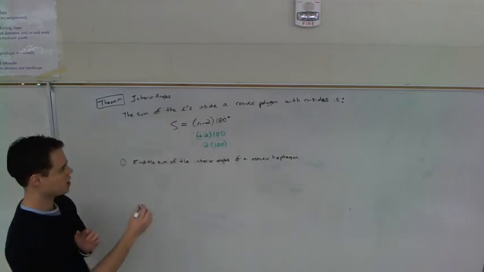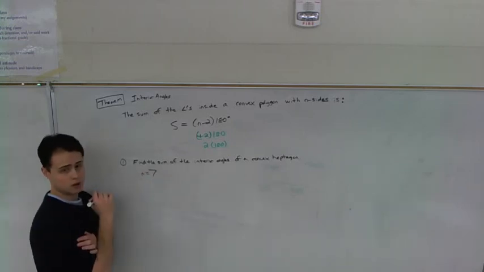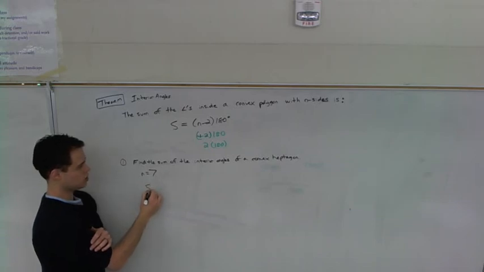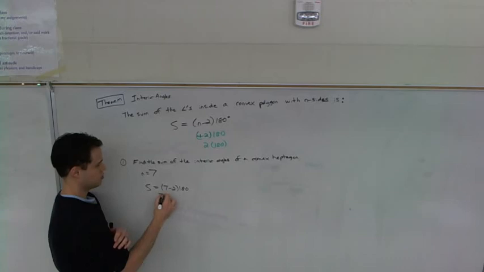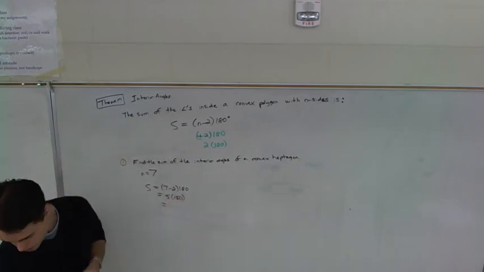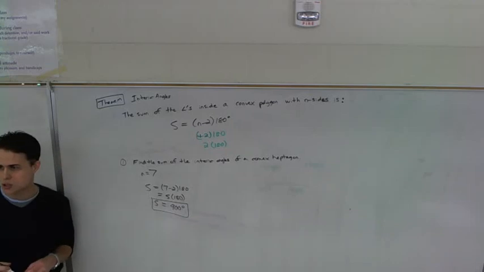You go, how many sides? 7. So the sum is going to be 7 minus 2, times 180. So that's 5 times 180. And then I might need my calculator. 900. So a 7-sided shape has 900 degrees if you do that.